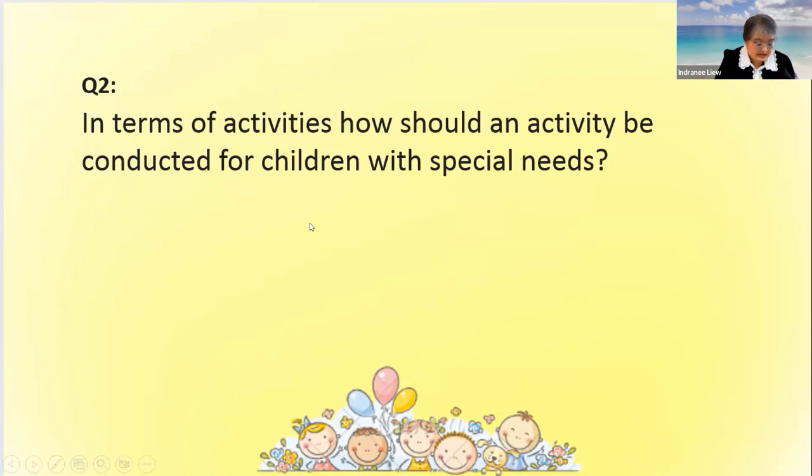The other thing is, for children with special needs, do not rush them. They actually process a bit slower, and you may need to guide. Just say we are doing a task with the pom-poms.